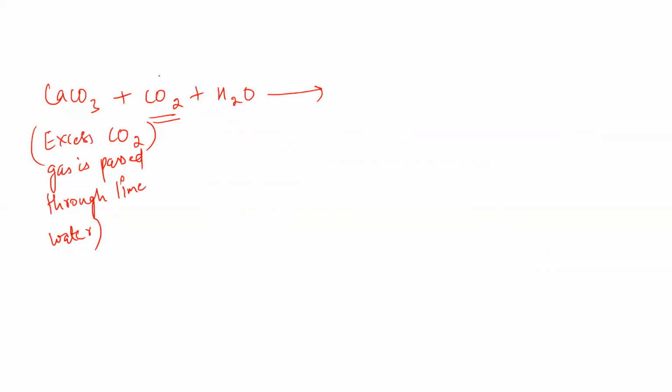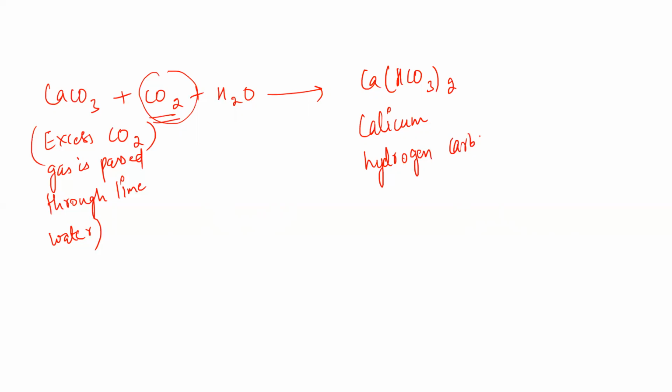But on continuously passing this gas, the product formed will be calcium hydrogen carbonate, or you can say calcium bicarbonate. This will form because we pass excess CO2 gas through lime water.